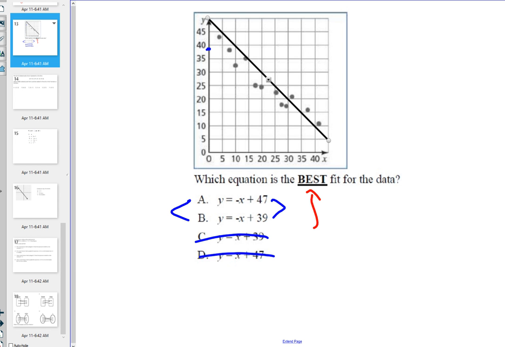I'm going left down, right down, one at a time. If we were crossing at 39, that's what they're saying the line of best fit would be. No way. But if we make it cross through 47, that seems like it fits a lot better.